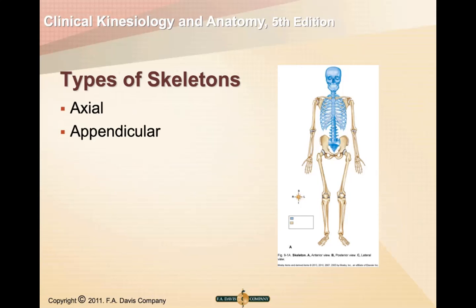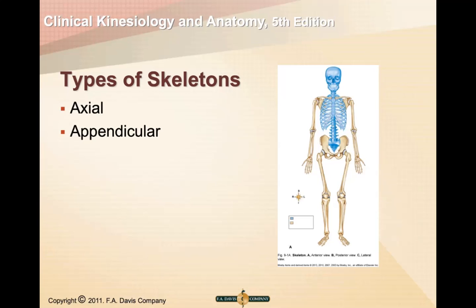Okay, so we divide the skeleton into two sections, the axial skeleton and the appendicular skeleton. On this picture of the skeleton, all of the bones that are shaded in light blue are the axial skeleton. Now think about this. Look at what it includes.